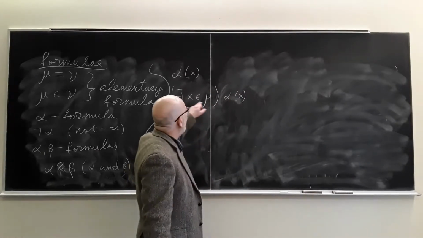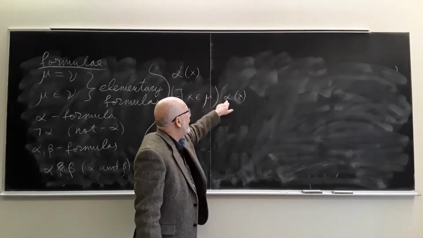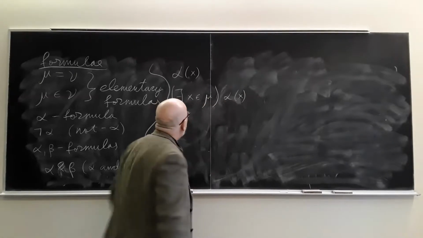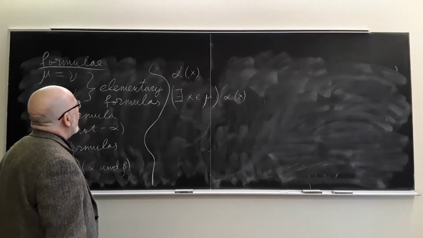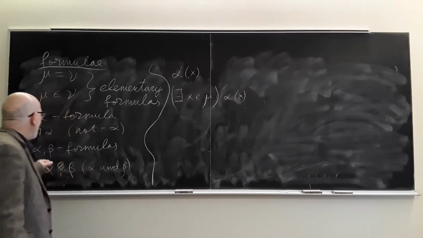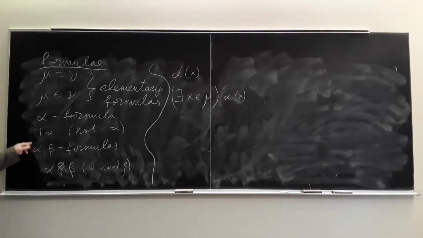There exists x inside some scope such that this is true. That's it. And now again, you have a formula, you have these elementary formulas, and then you can combine them and grow longer and longer formulas.